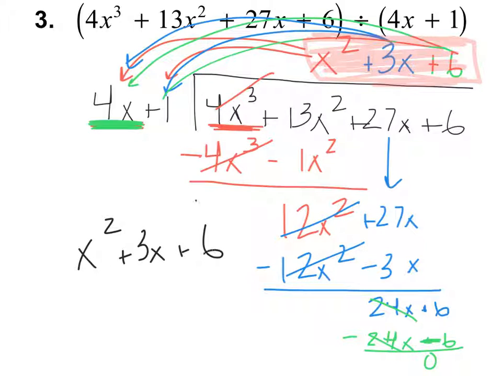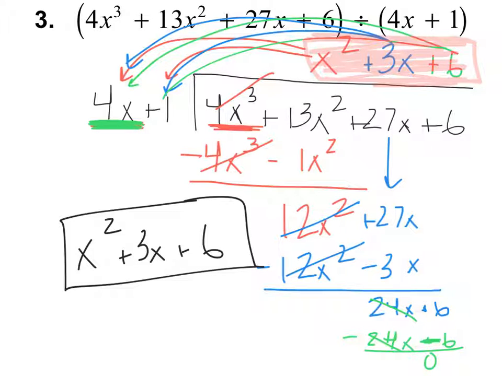That is my answer. Now, if for some reason I had a remainder, like it was 6 minus 2 or something like that, if I end up with a number down here, then I would have to add in the remainder. So let's say it was 6 minus 2, so I had a remainder of 4.